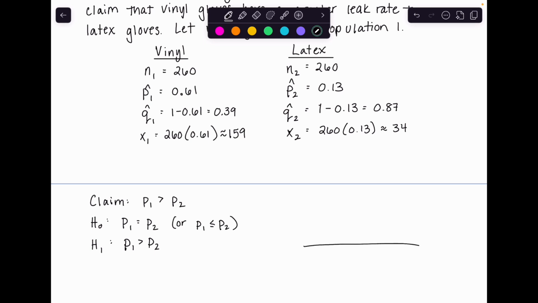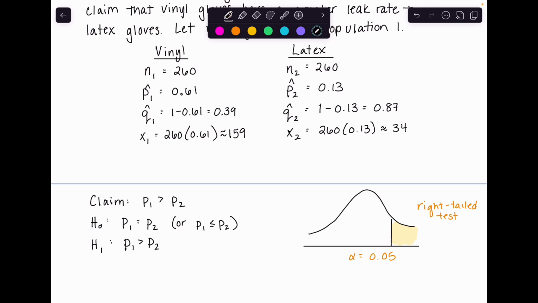So in terms of the type of test that I'm doing, my alternate hypothesis is that one is greater than the other. So that leaves an area over here. So this is going to be a right-tailed test. And the significance level they tell us is 5%, okay?